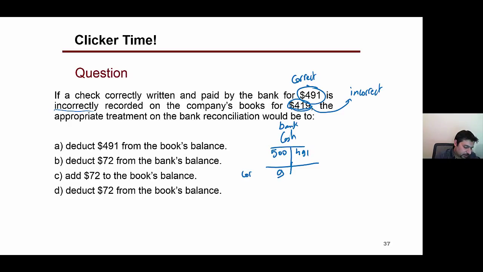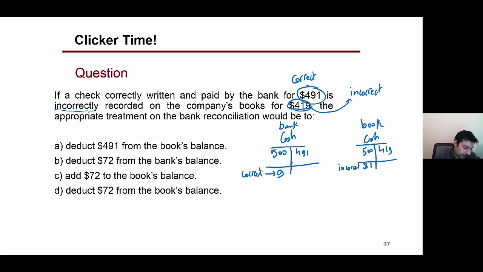That's the correct one. Per book, cash was again 500. The company recorded the payment as 419, and that would give us an incorrect balance of 81. So this amount was incorrect.